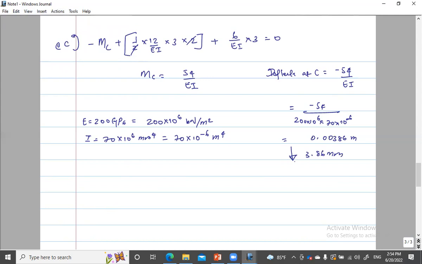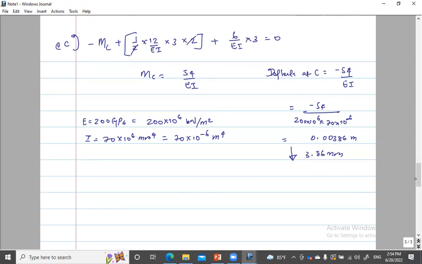Okay. So the conjugate beam method is a very convenient method to determine slope and deflection at any point in a beam. What you have to do is first determine the support reactions, plot the bending moment diagram.